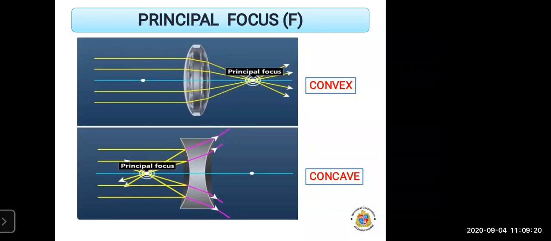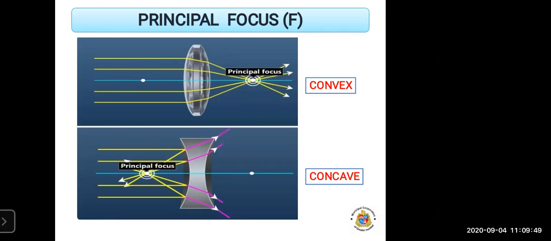When you switch on the torch, what will happen? The light rays get scattered here and there. Like that only, when the light rays are incident on the concave lens, the light rays get diverged. They get refracted and scattered, and that term is called diverge. So the refracted light rays get diverged, and what will happen?